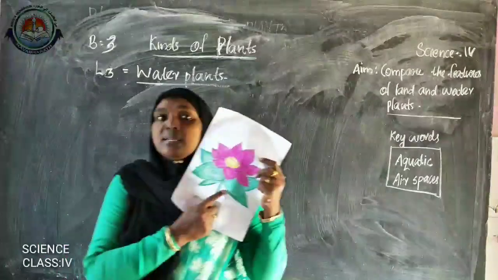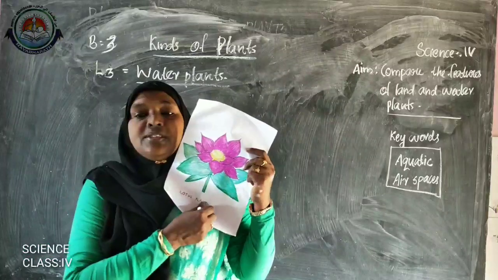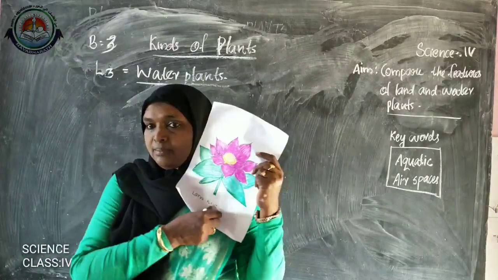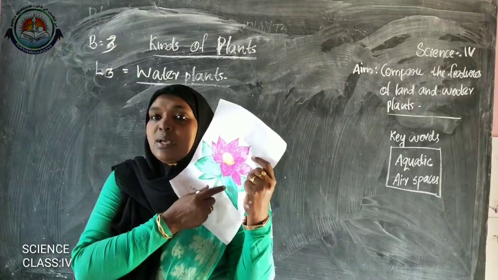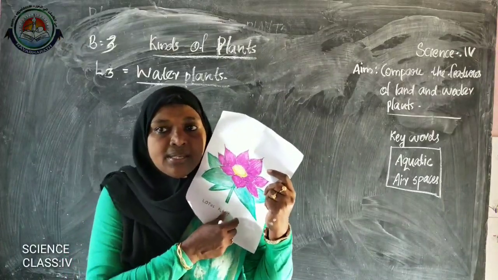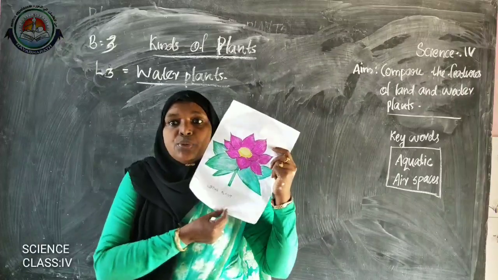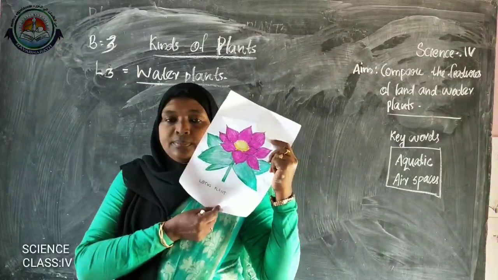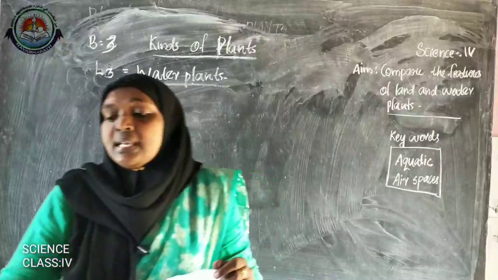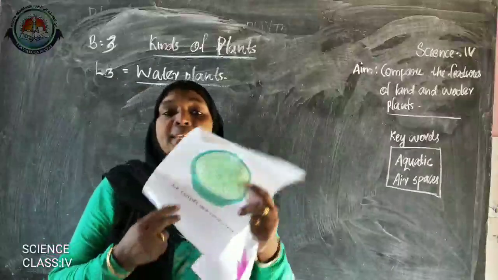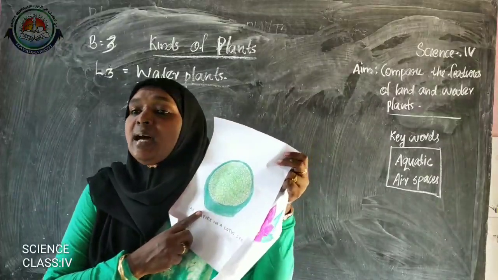Yes, lotus grows in water and it has a stem, but it is a weak stem. It has round leaves which float on water. It has a long stem which goes deep into water. Okay. Then if you cut the stem of lotus, we can see air cavities or air spaces in the stem.